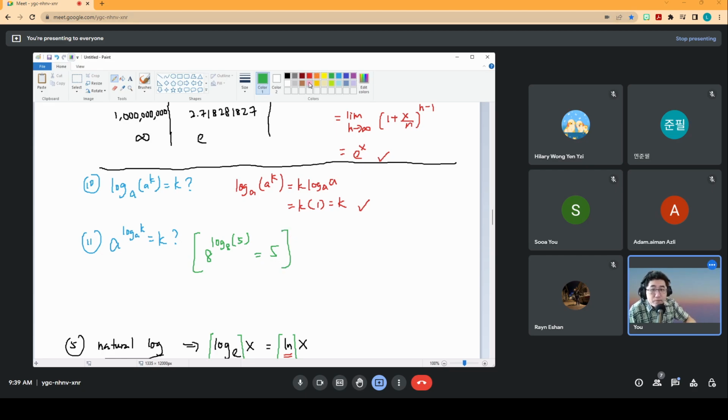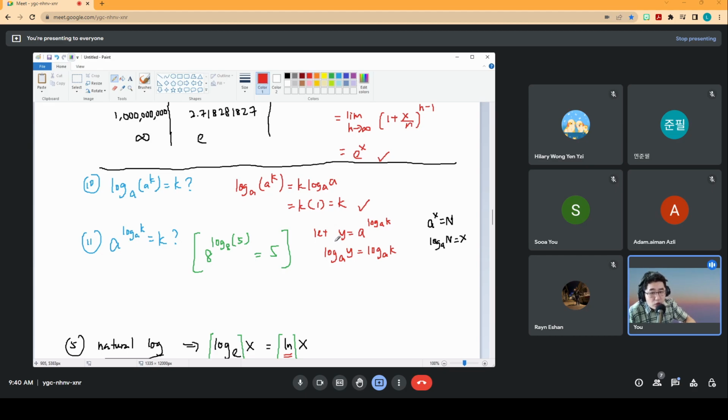Why is it true? First, we let y equal a to the power log a of k. According to the indices rule and the logarithm rule, we have log a of y equals log a of k. Just on the side, I write a^x = n, so log a of n equals x.